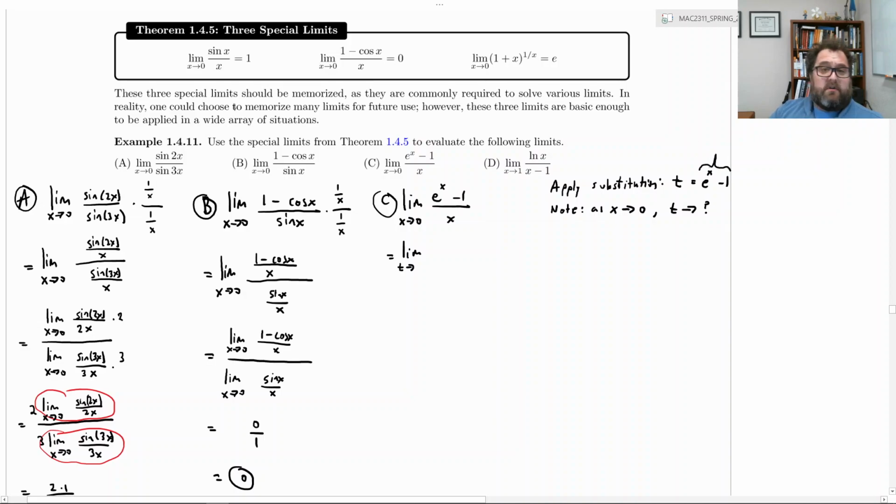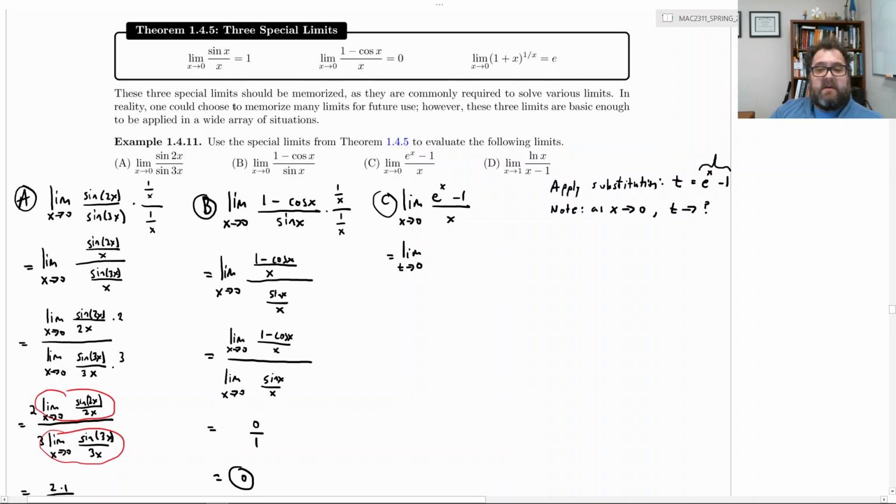In fact, what happens if you plug a 0 in? Well, if you plug a 0 in, you get e to the 0 is 1. 1 minus 1 is 0. So that tells me as x gets closer and closer to 0, e to the x gets closer and closer to 1. 1 minus 1, so the right-hand side gets closer and closer to 0.